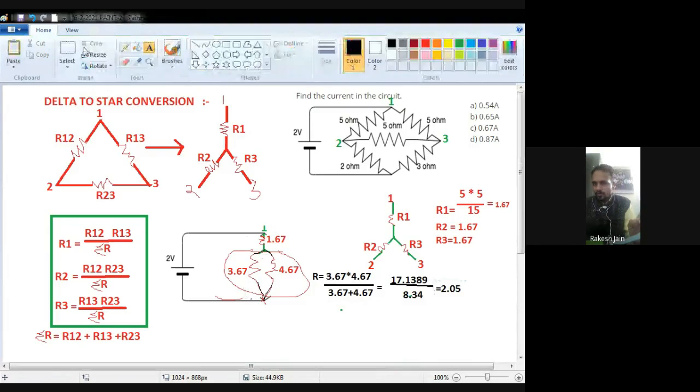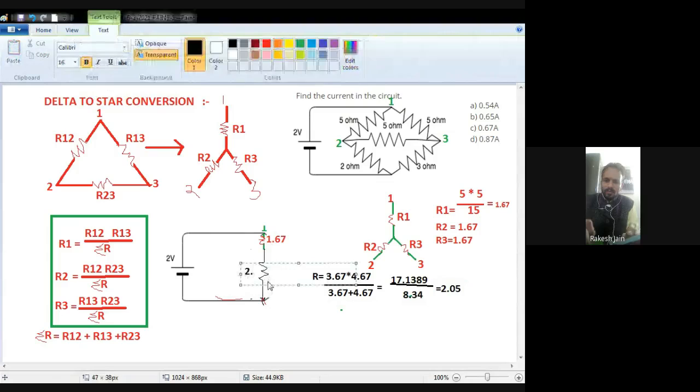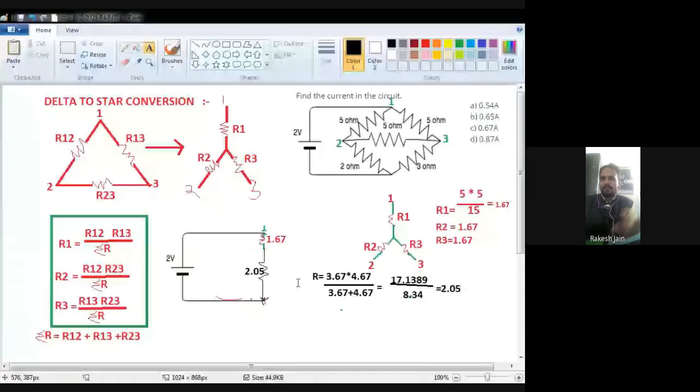So for the parallel combination, I put 3.67 multiplied by 4.67 divided by 3.67 plus 4.67, which is 17.1389 divided by 8.34.